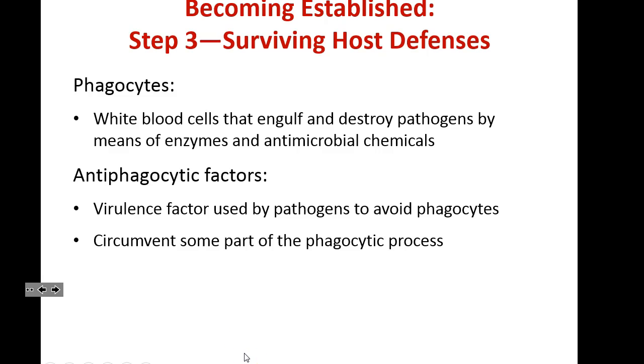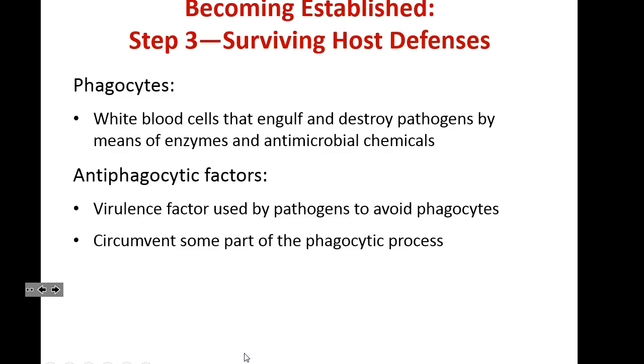Surviving host defenses. We said that white blood cells are phagocytes that go around engulfing and destroying pathogens by means of enzymes and antimicrobial chemicals. There are some anti-phagocytic factors, virulence factors used by pathogens to avoid phagocytes, that circumvent some part of the phagocytic process.